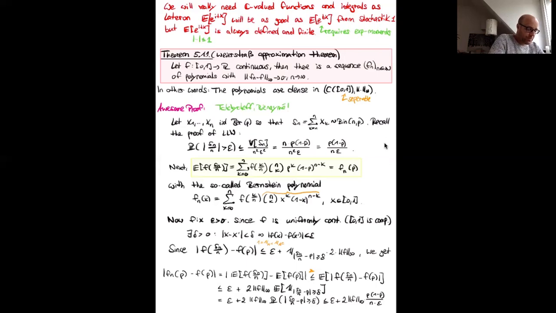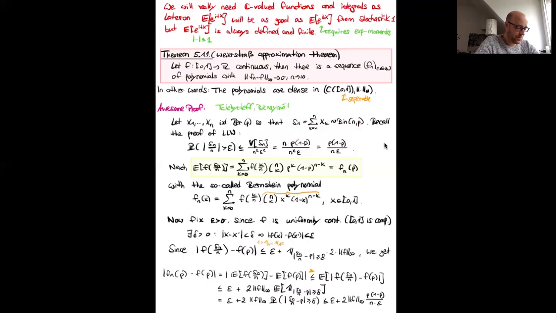We choose an IID sequence of Bernoulli random variables, random variables only taking values 0 or 1, with 1 having probability p. Then we take the sum. The sum looks like the law of large numbers. We know the convolution formula, Faltungsformel. The sum of these is binomial distributed with parameters n and p.